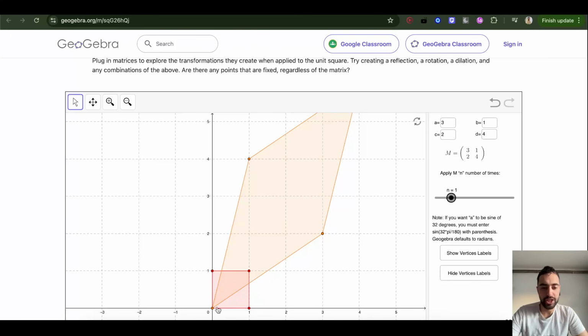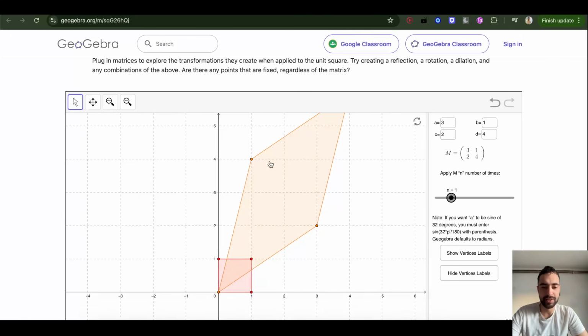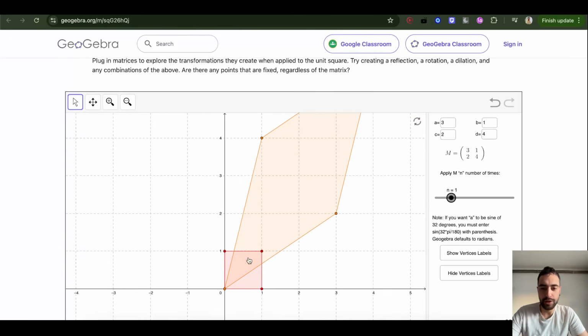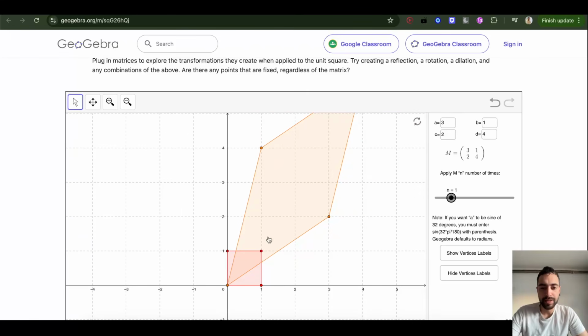So it stretches this side to be like this, and this unit vector, this side, to be like this. So it stretches the sides as it stretches the space. And then the determinant, when you calculate it, will tell you how many times the area of this big one is bigger than the area of this one. And it will be 10 times. We'll see when we calculate the determinant.